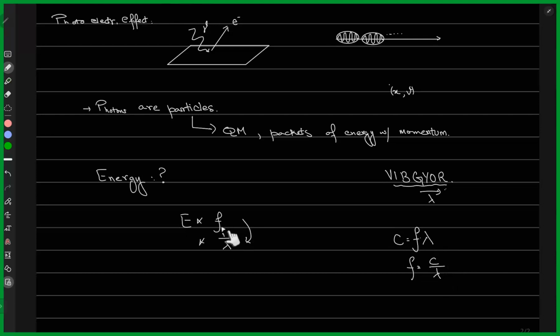So if I put this in, you see that it is really just 1 over lambda. So it depends inversely on lambda, which means for a higher frequency you would have a photon, a packet of higher energy, right?